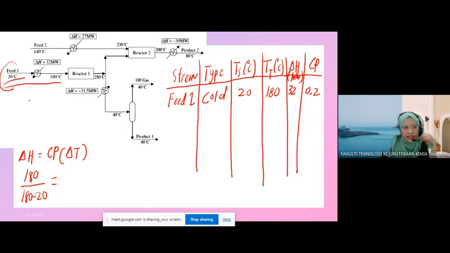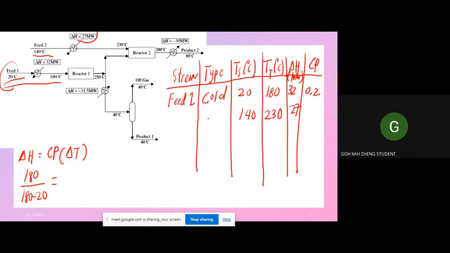And then next, you have this stream from 140 to 230, right? And then delta H is given as 27.